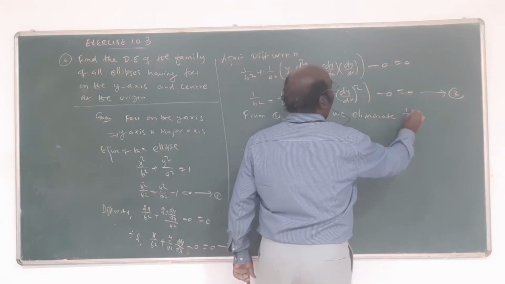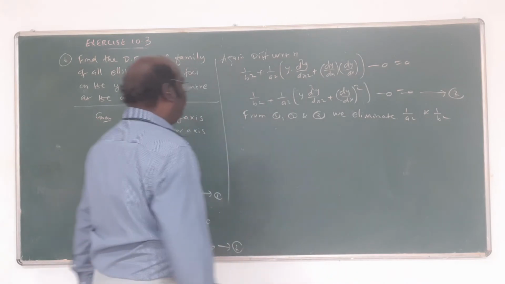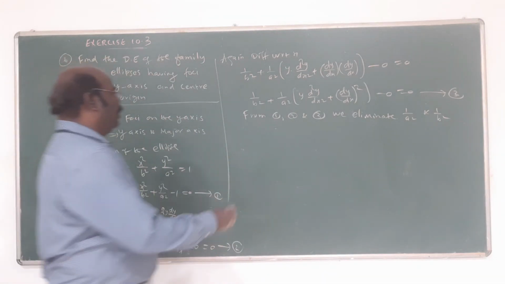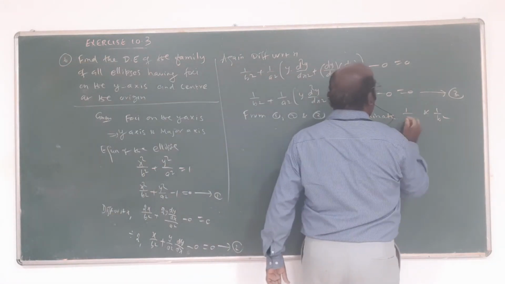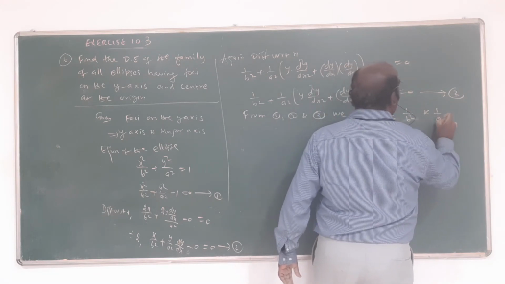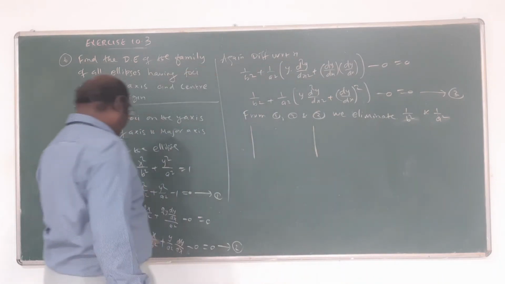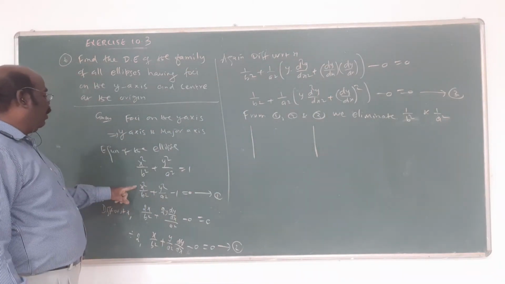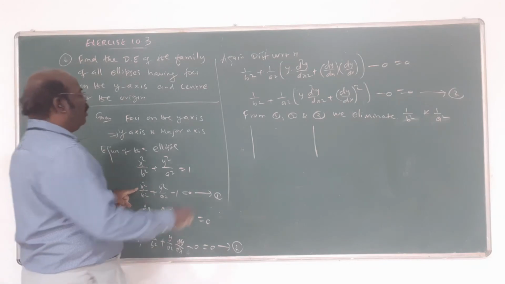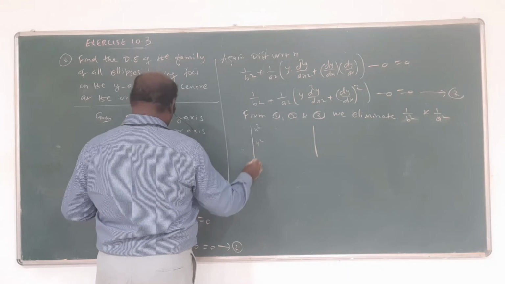From equations 1, 2 and 3, we eliminate 1 by a square and 1 by b square. Am I correct? We don't want b square and a square. Now put the determinant. In the first equation, what is that? 1 by b square is eliminated, x square, then y square, minus 1.